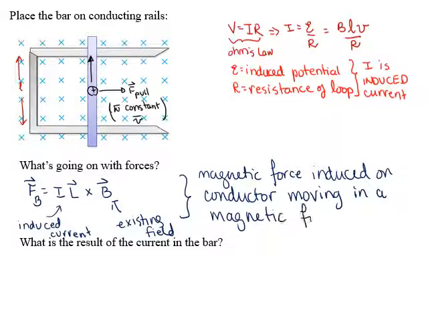If we want to get the direction of that induced magnetic force, we put our thumb in the direction of L, or the direction of current. Our index finger is in the direction of B, so that's into the page. See that the magnetic force points directly to the left. So this induced magnetic force opposes the motion.